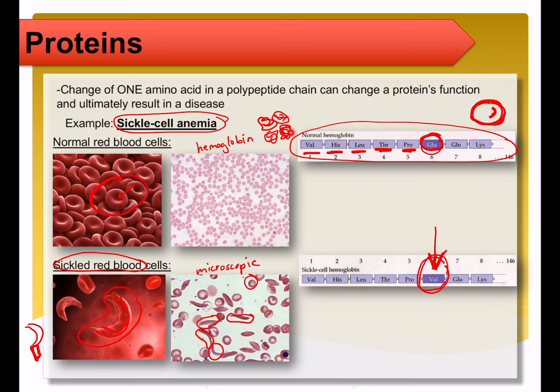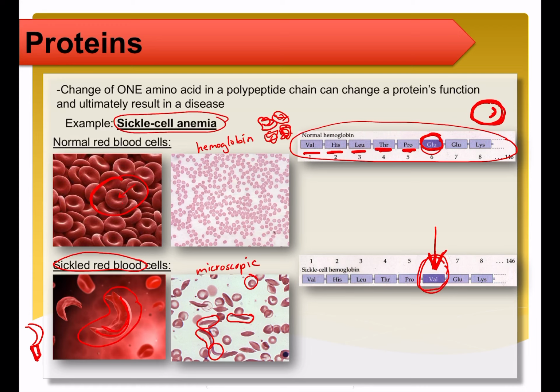One difference in an amino acid can completely disrupt the interaction between these polypeptide chains within the hemoglobin molecule, which gives you an odd and irregularly shaped red blood cell like this and makes oxygen delivery inefficient.